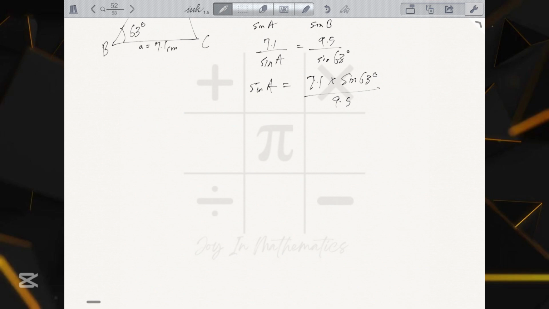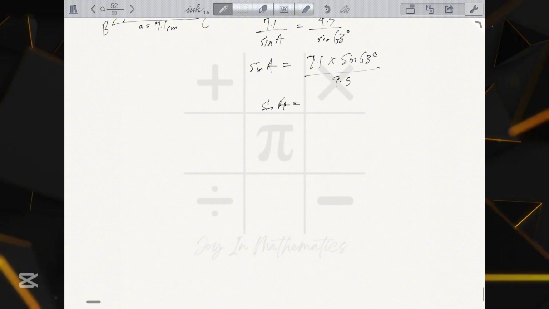This would give us sine A to be equal to 0.6659. Now 0.6659 is equal to sine A. How then do we find A?